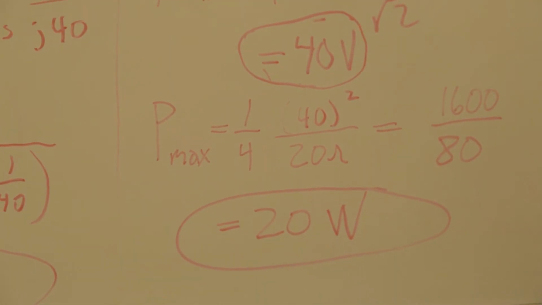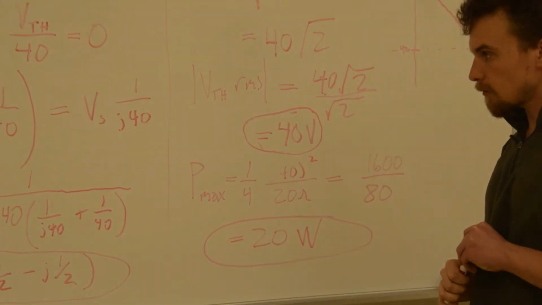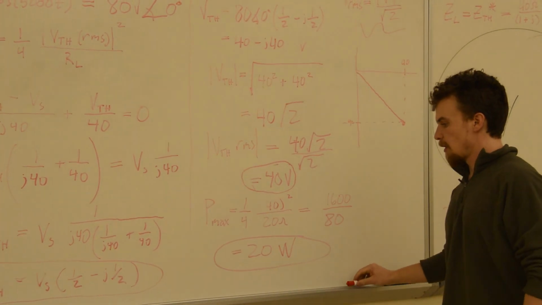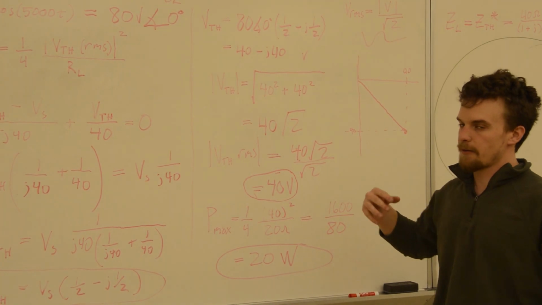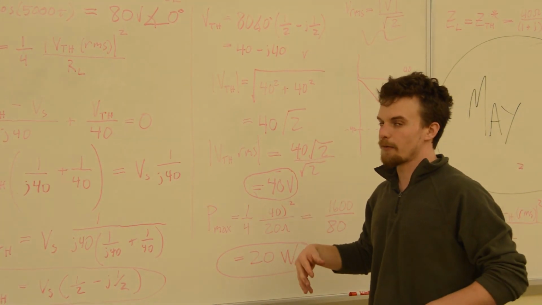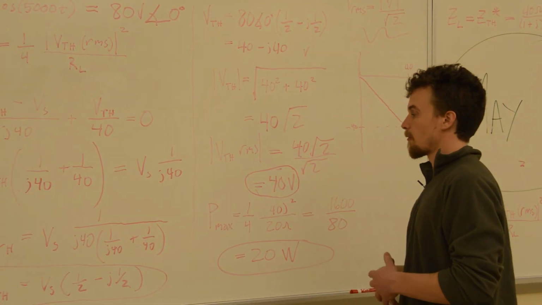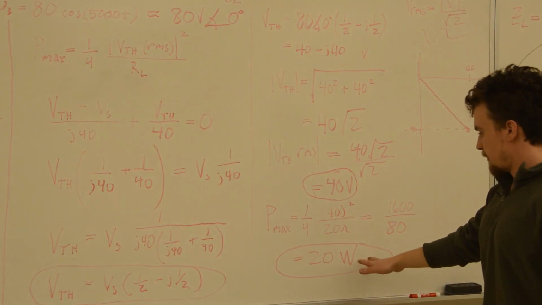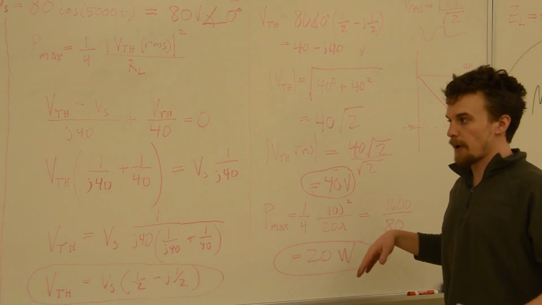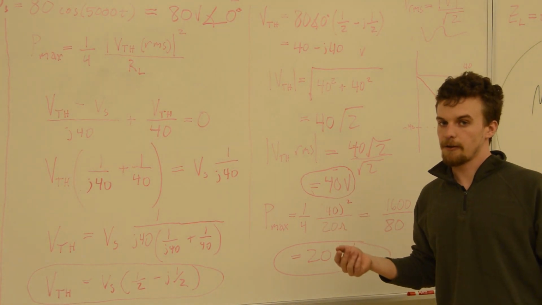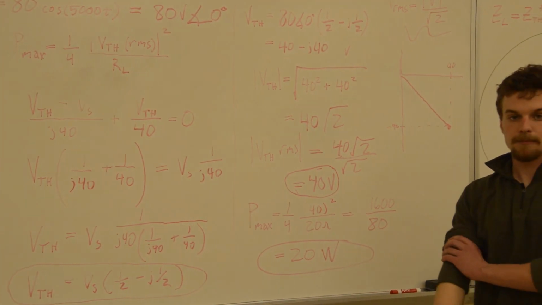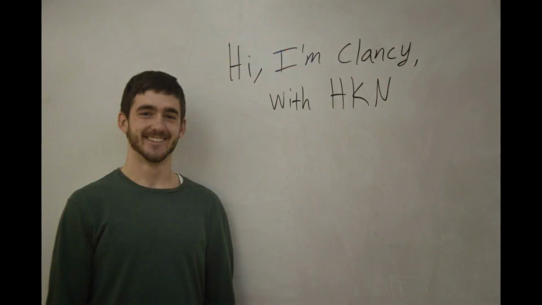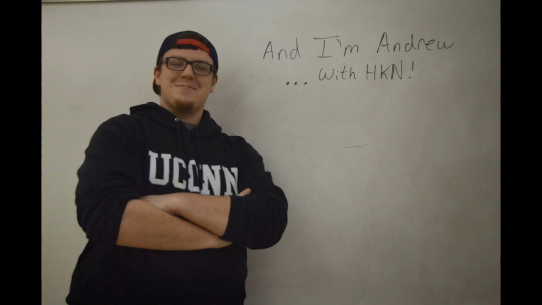That's our maximum power transferred to our load, and we already found the load impedance to be the optimal value where we get maximum power transferred. So with this source voltage, this is absolutely the most average power that this circuit can deliver to any load. So that's our problem.